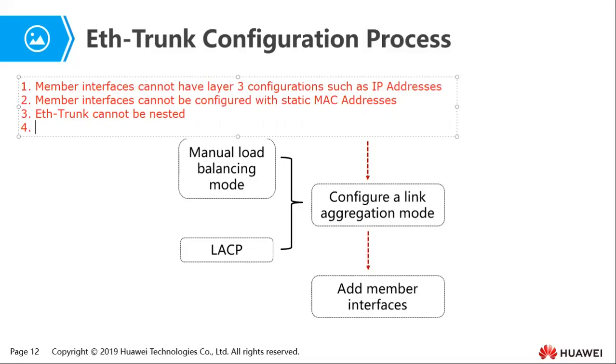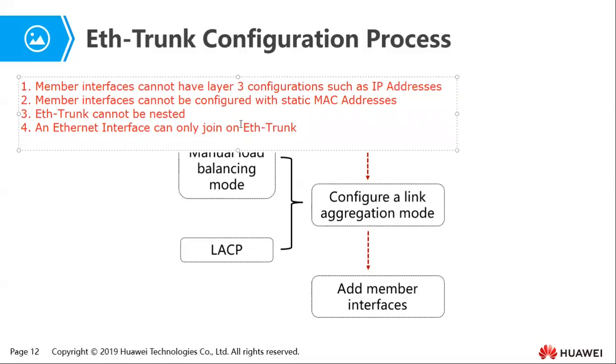You cannot do that. Also, an Ethernet interface can only join one Eth-Trunk. So in case you want to add an Ethernet interface into another trunk, you have to delete it from the initial trunk. So that's also important.